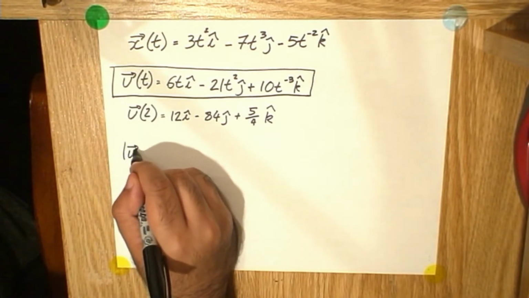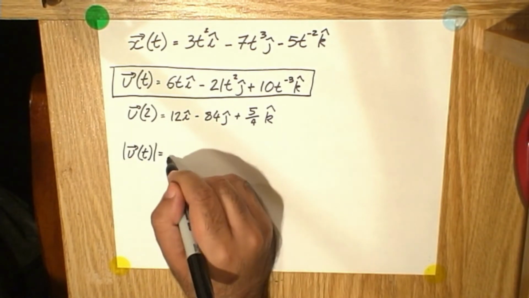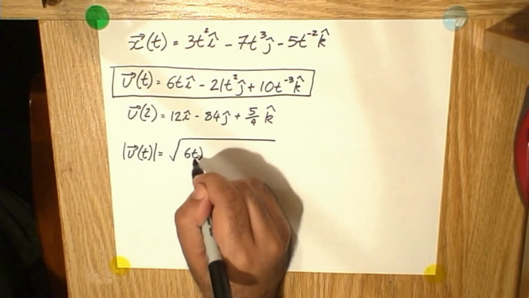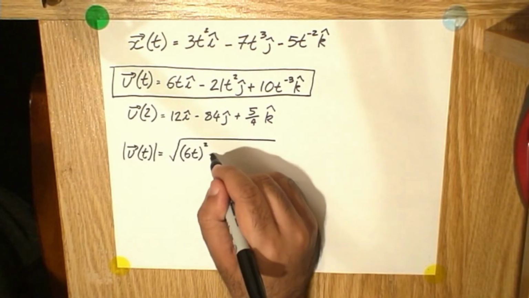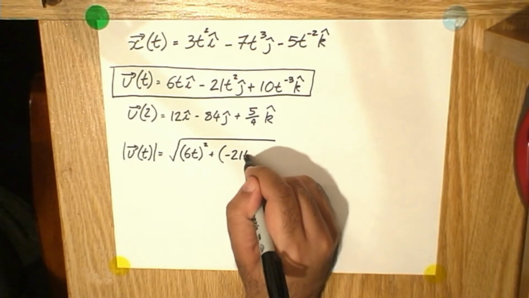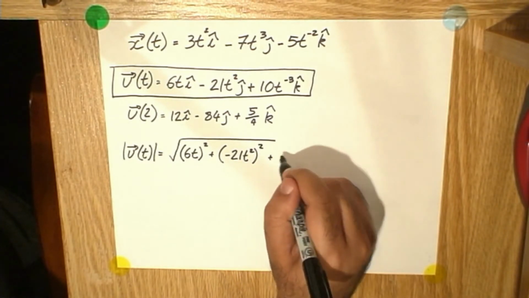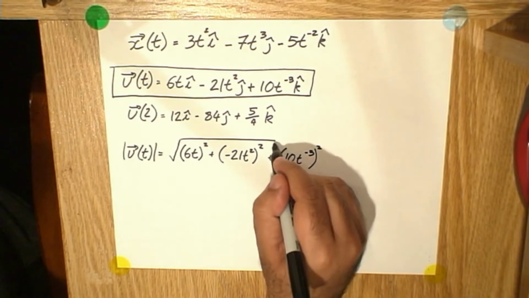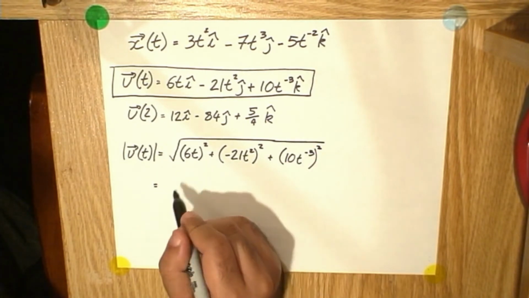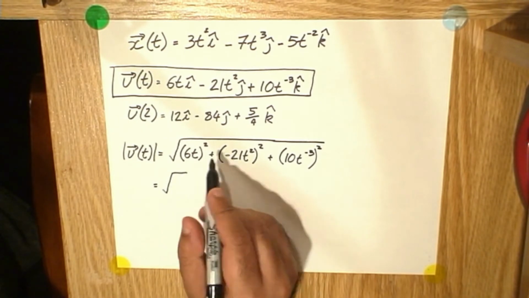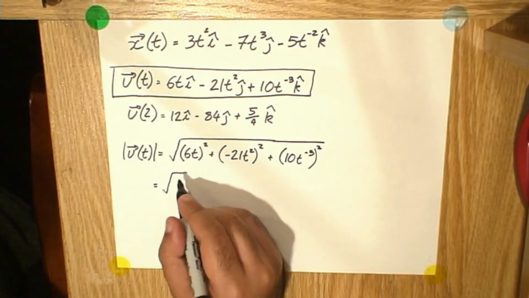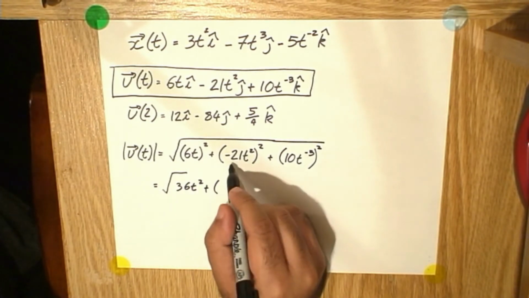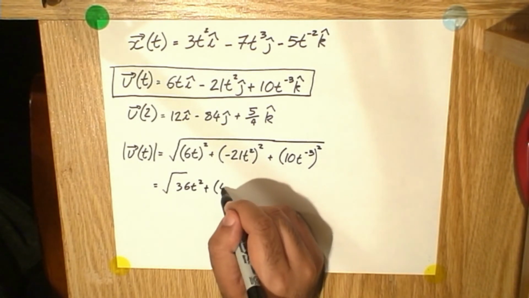The speed is going to be equal to the square root of the first term squared plus negative 21 t squared, also squared, plus 10 times t to the negative 3, also squared, which works out to the square root of 6 times t whole squared would give us 36 t squared, plus negative 21 squared is going to be 441.